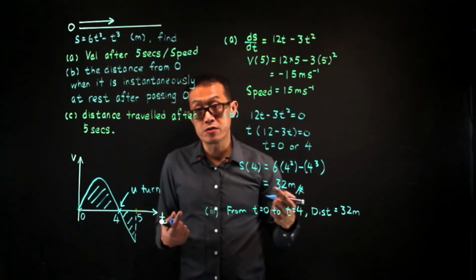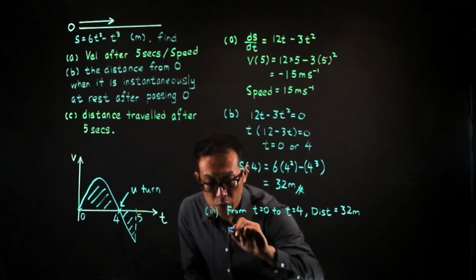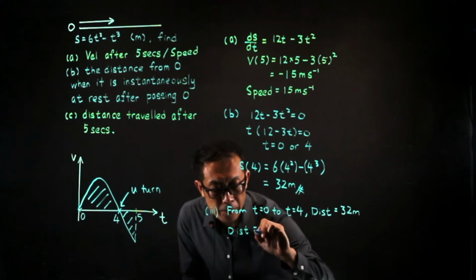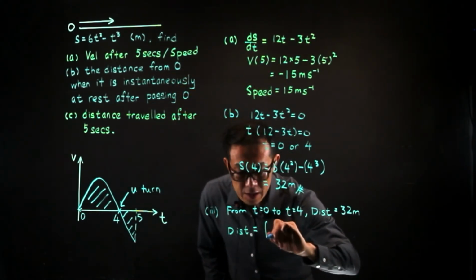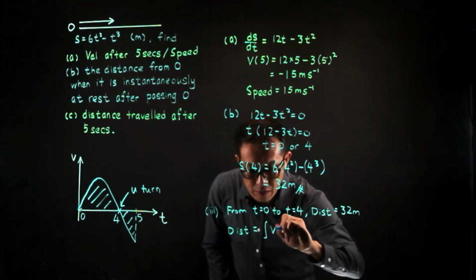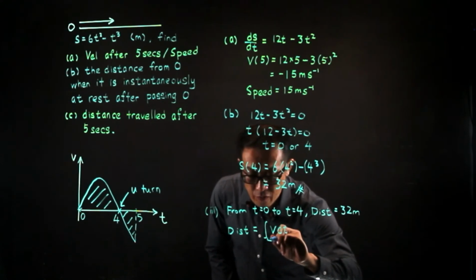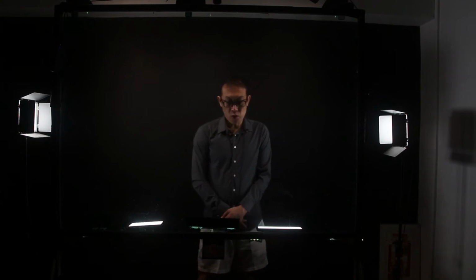To find this, what we need to do is we integrate. You integrate your v, which is the area under the VT graph, from 4 to 5. But because it's distance, there's no such thing as negative distance. So we need to take the modulus of it.